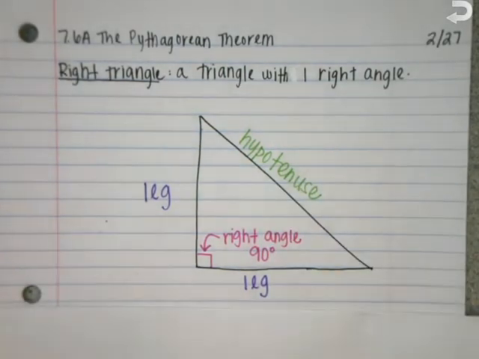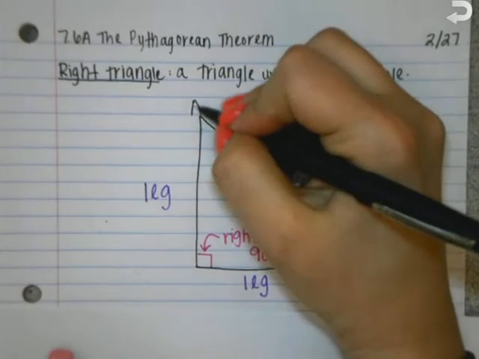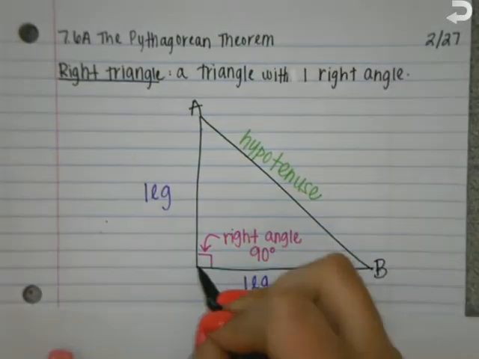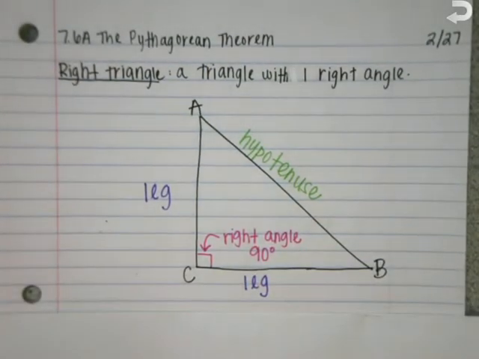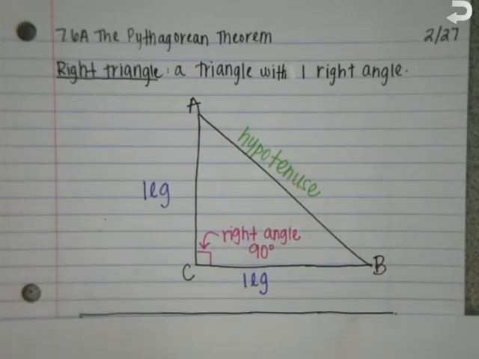Hypotenuse. One thing I want to point out to you guys, if we labeled this triangle, label A, or triangle ABC, ACB and ABC still form the same triangle, okay?